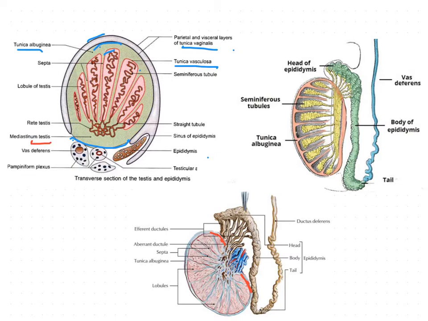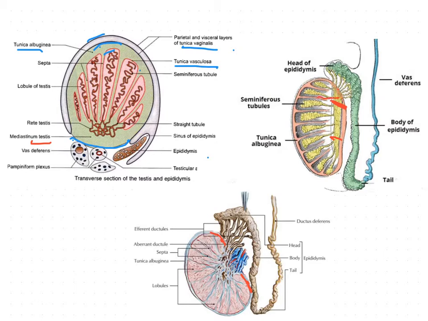Okay, so this mediastinum testis is broader above and somewhat narrower at the lower part. The numerous septa extend from the mediastinum to the inner surface of the tunica albugina.